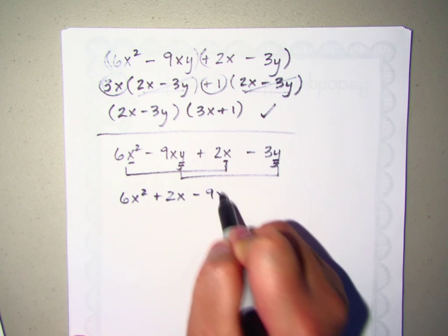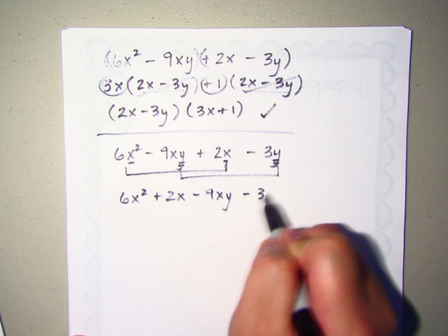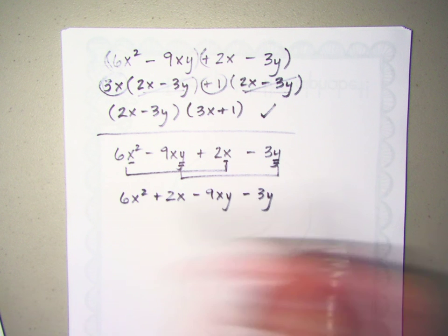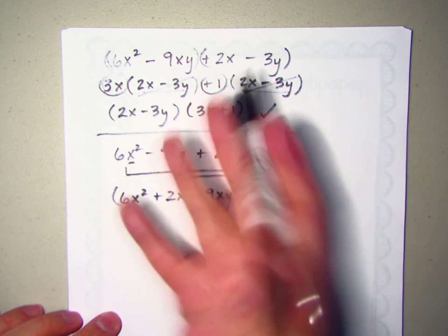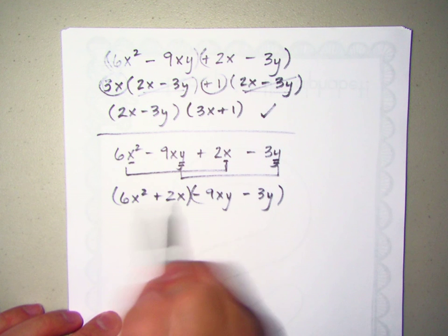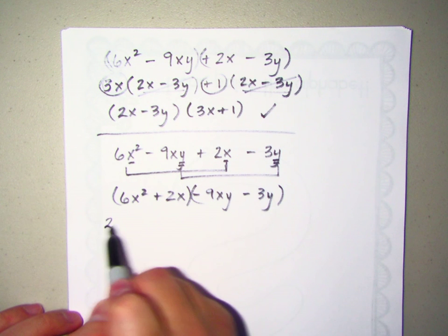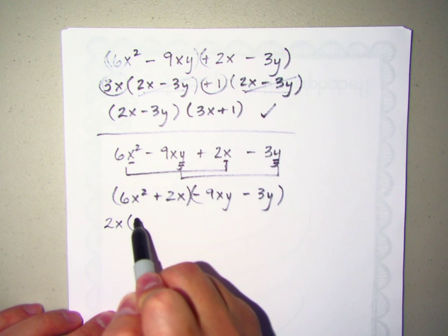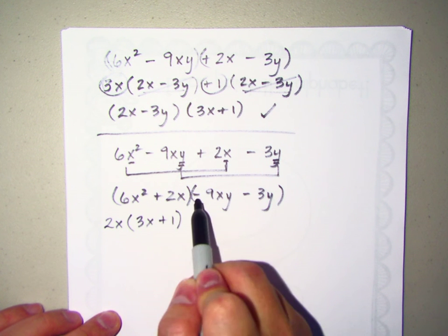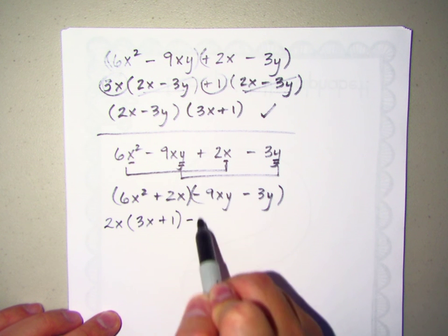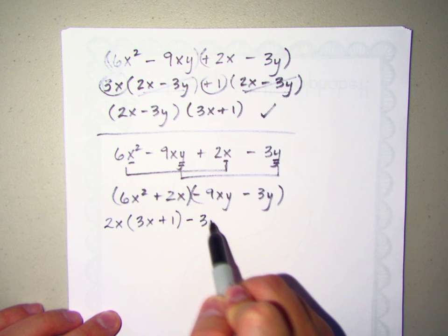All right, you will see that I can do this again, and I even get different answers now. This one, they both have 2 and an x, and I'm left with 3x plus 1. This one starts with a negative, take out a negative. They both have 3, and they both have a y. Then I will have 3x and a plus 1.